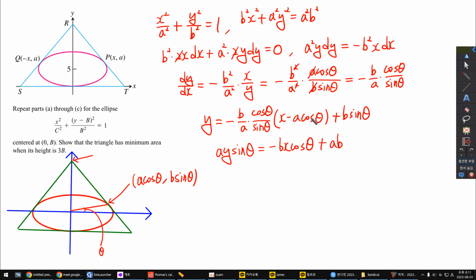And we have cosine squared and sine squared, but because that's always equal to 1, we can make this ab. And then when x is 0, y is b over sine theta. That's the y-intercept.